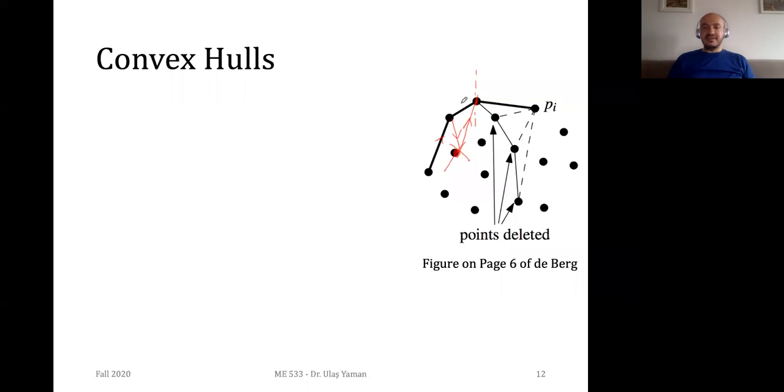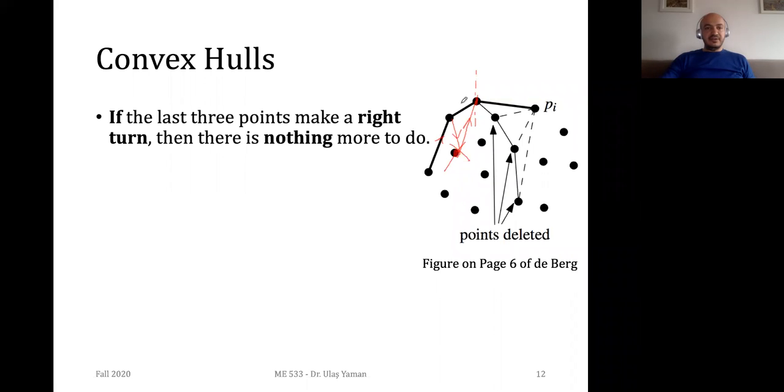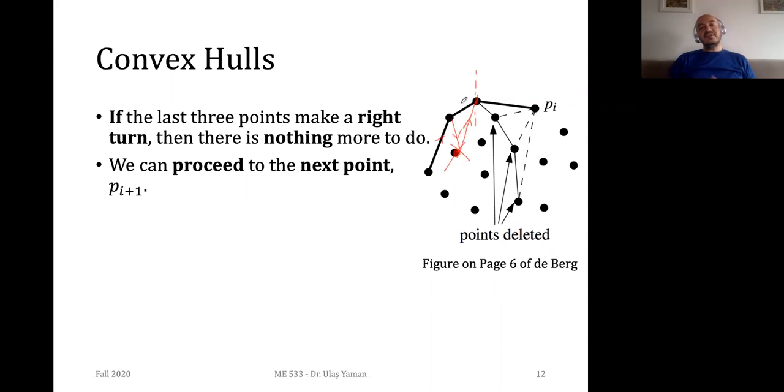That is the basics of the algorithm. We can go with some explanations here. So in summary, if your 3 points are making a right turn, then that means you're fine. You don't need to do anything more. But if it's a left turn, then you need to delete the intermediate one.